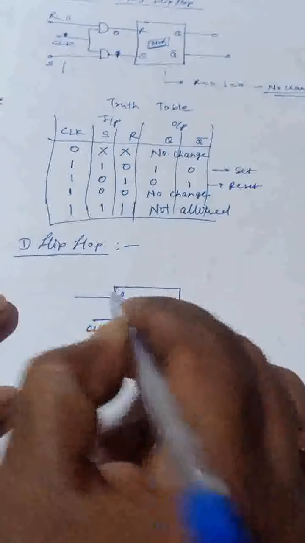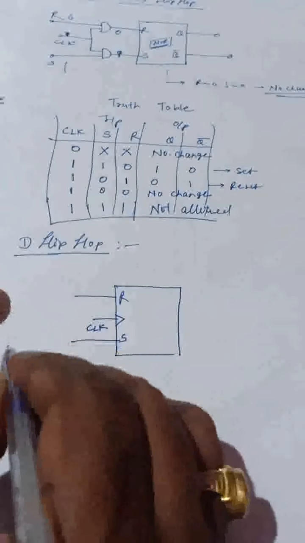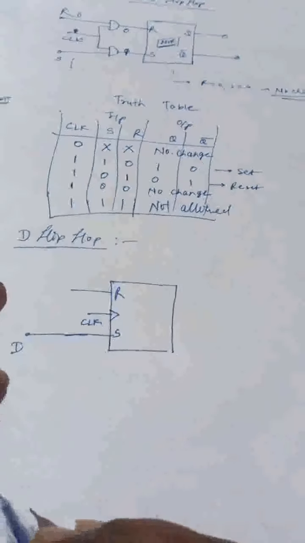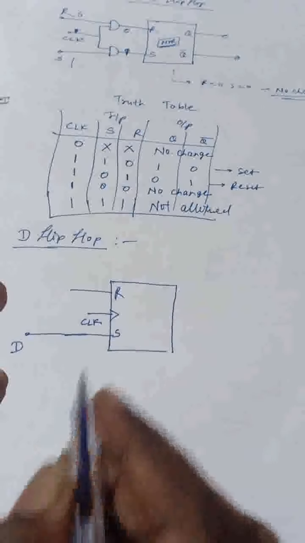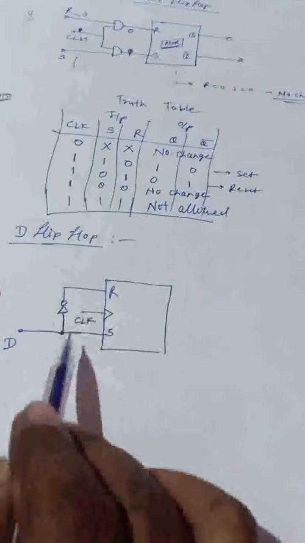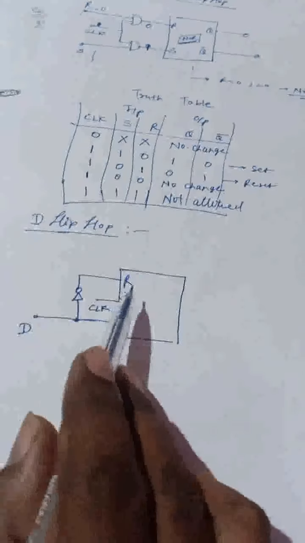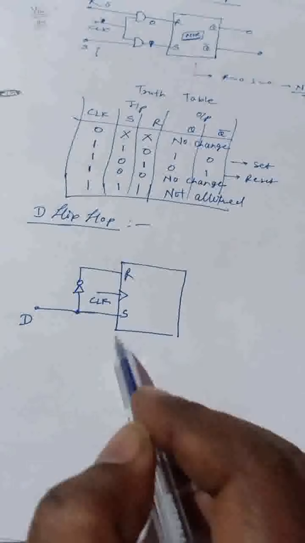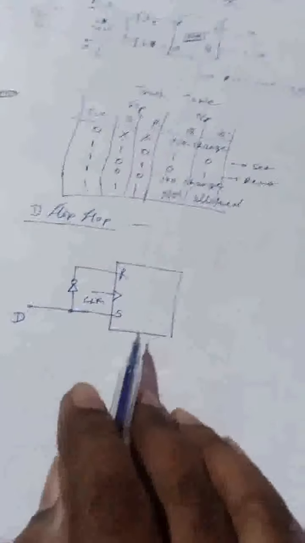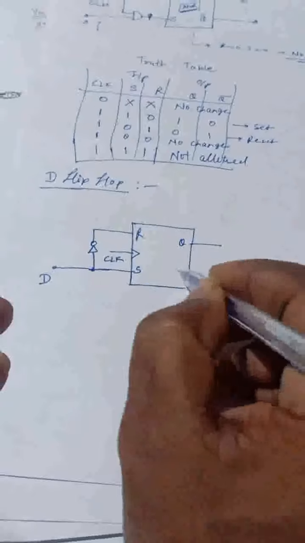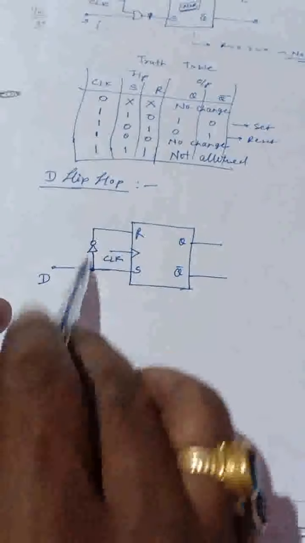In this case we use the S line as the D input, and we connect an inverter between S and R, so that when we apply a 0, the inverted value is connected to R. That means the condition S equal to R is not possible with the D flip-flop, because we always apply in the inverted form.